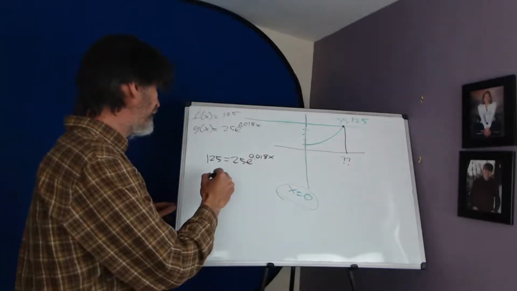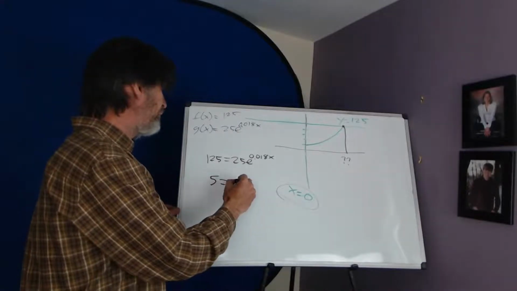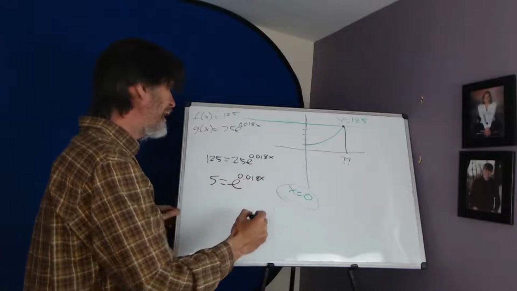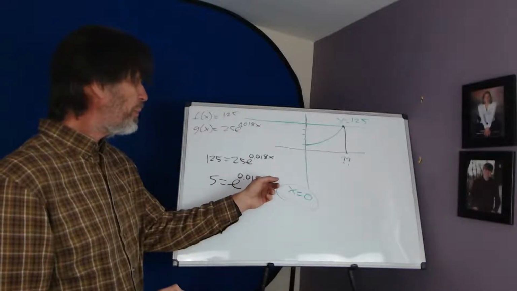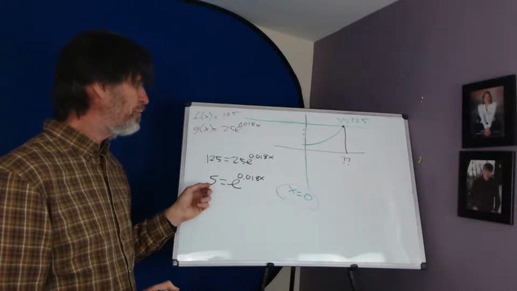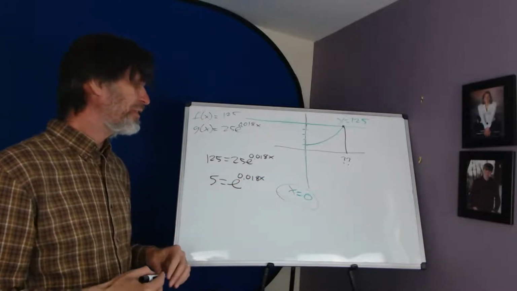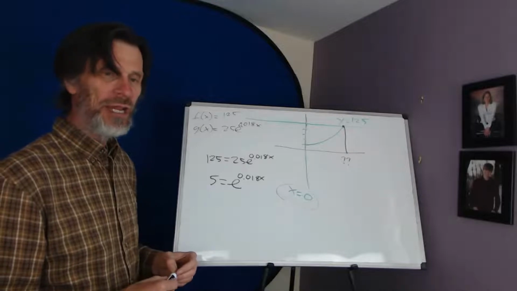Divide each side by 25, you're left with 5 is e to the 0.018x. So we need to know what power of e is equal to 5. What tool in our toolbox helps us figure that out? What do we do next?